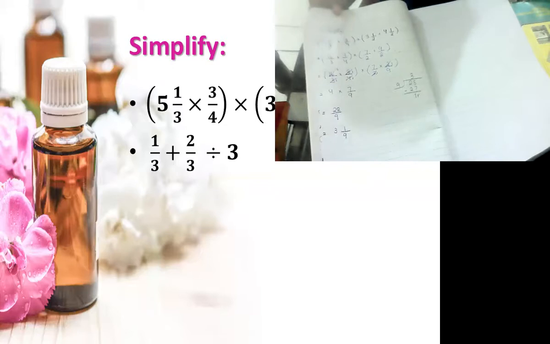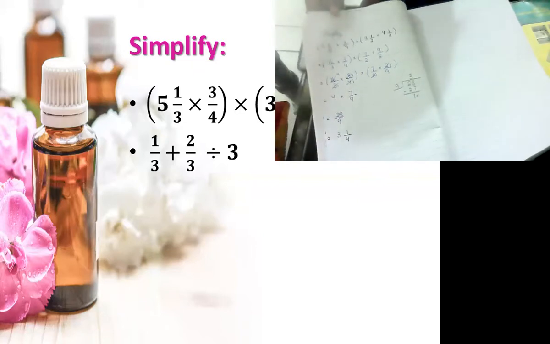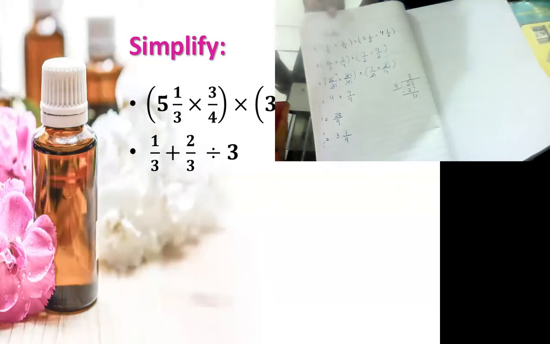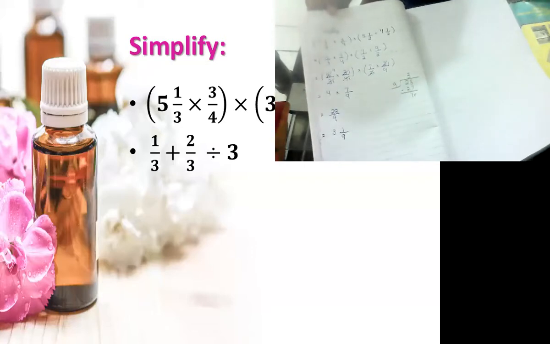And here you will be left with 7 upon 9. Now you will multiply 4 and 7. 4 multiplied by 7 is 28. So it will become 28 upon 9. And then you will convert it into a mixed fraction. Whole numbers, yes, divide. Very good, Meera.